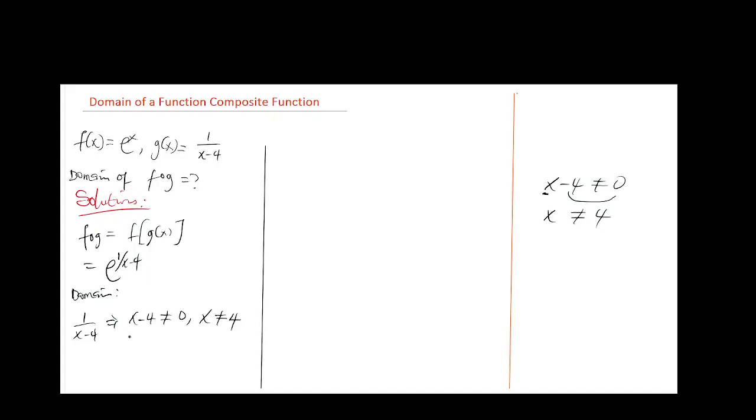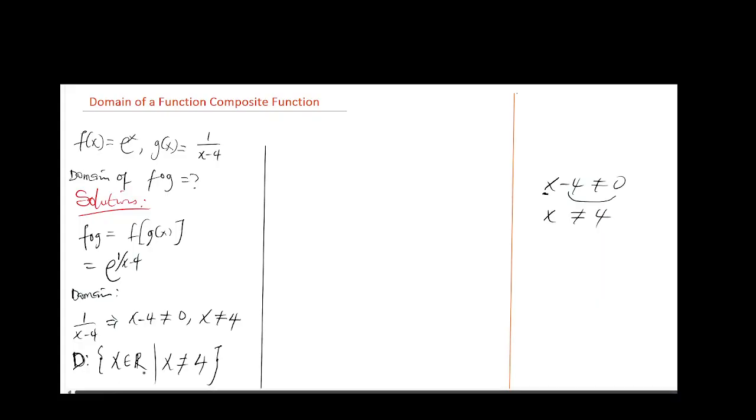Listing all of the restrictions, we can now go ahead and write out the domain. So the domain, starting with set notation, will be that x is a set of all real numbers, but x is not equal 4. This, which is also written as x for x not equal 4, is the same thing, whichever way you choose to write it.